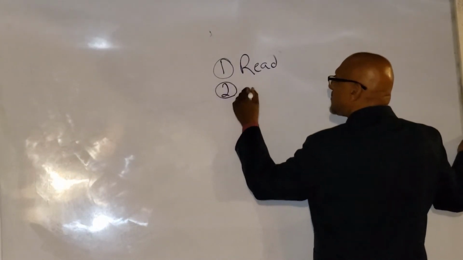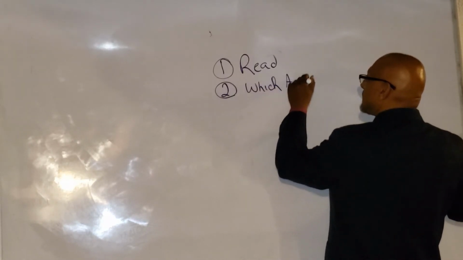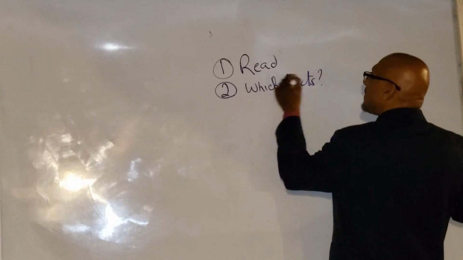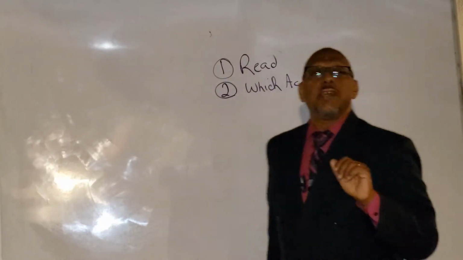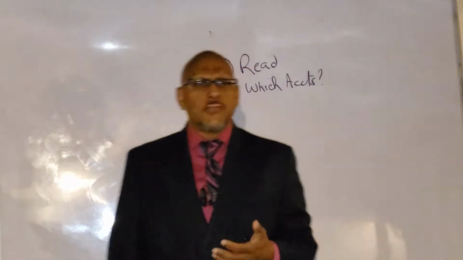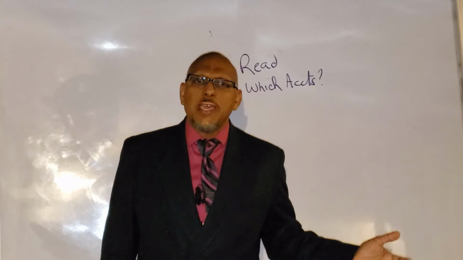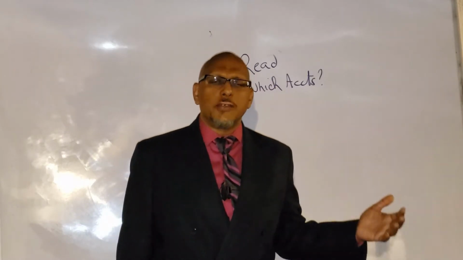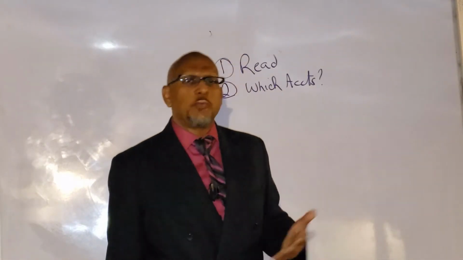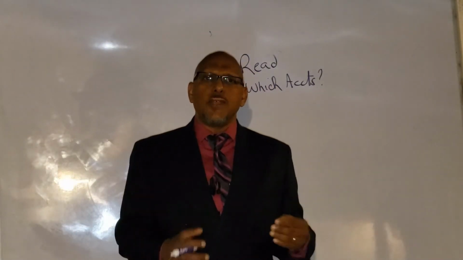Number two is which accounts. Which accounts are being affected by that transaction? Is it cash? Is it accounts receivable? Is it a capital? Is it notes payable? Is it short-term notes payable, long-term notes payable, unearned revenue? Which accounts are being affected in that transaction?